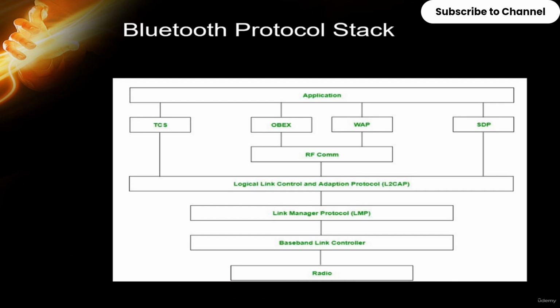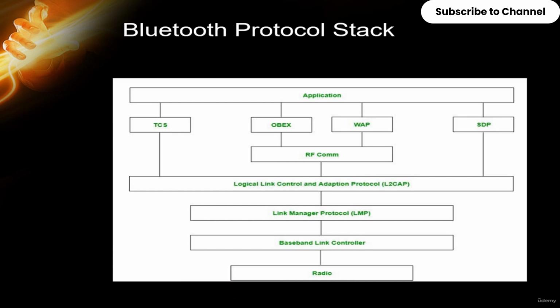The next one is the link manager protocol, LMP. It handles the management of links, connection establishment, encryption, and authentication. If any failure occurs, all link communications are handled by this link manager protocol.